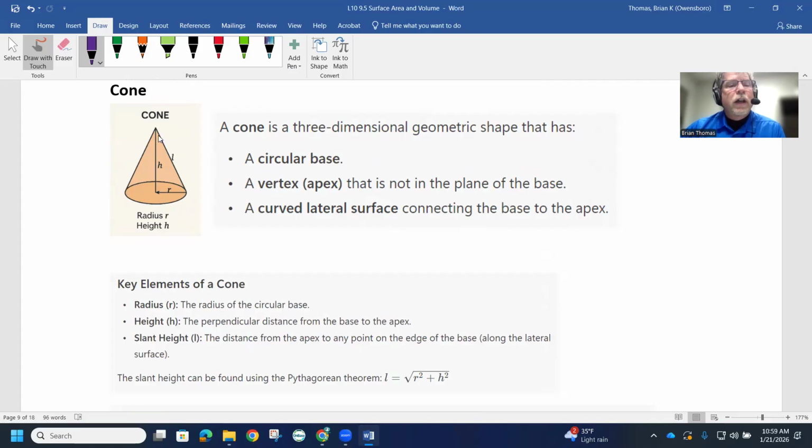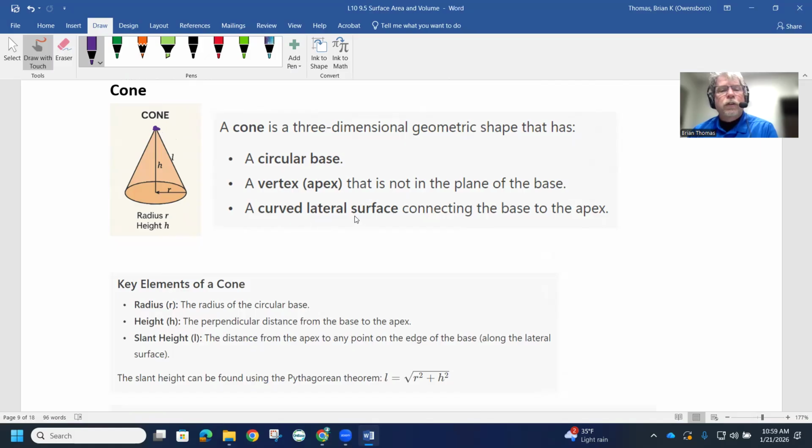Then the slant height is the outside distance, and the height is from the apex to the base. The apex is this spot up here on the cone. It's perpendicular with the base, if you will.